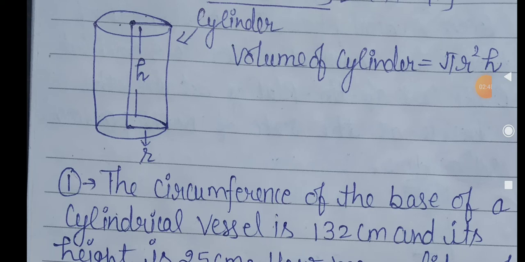You have to learn all the formulas from exercise 13.1 to 13.5 that we have written. Now this is your new formula, so you have to also write it in your notebook and learn it, because this exercise totally depends on the volume of a cylinder.